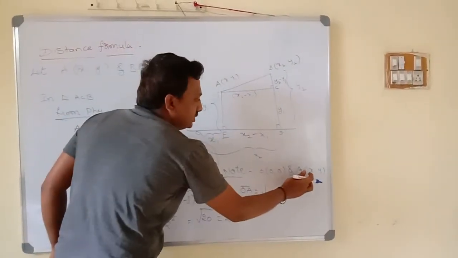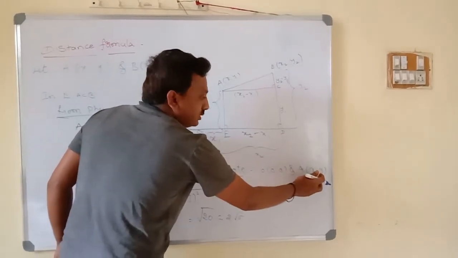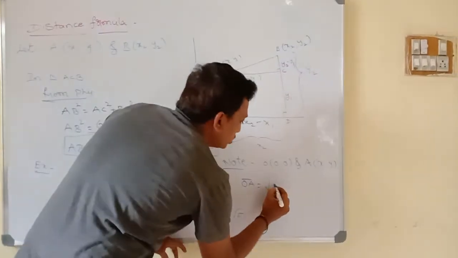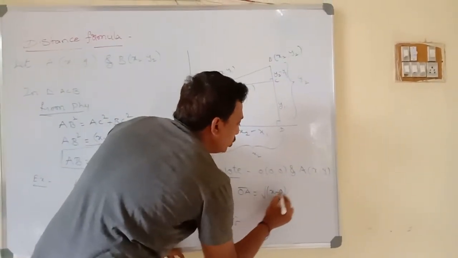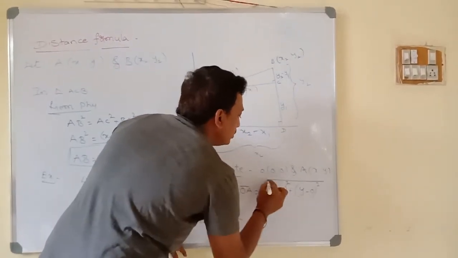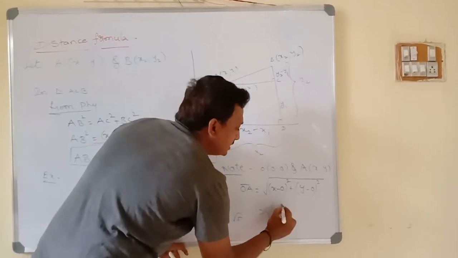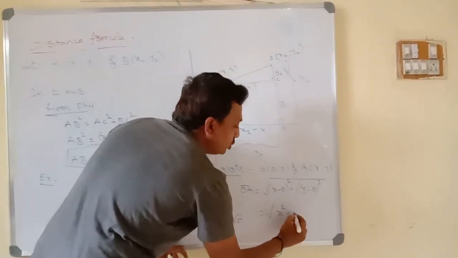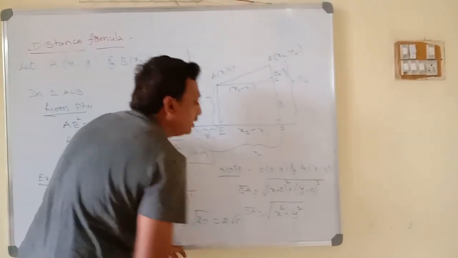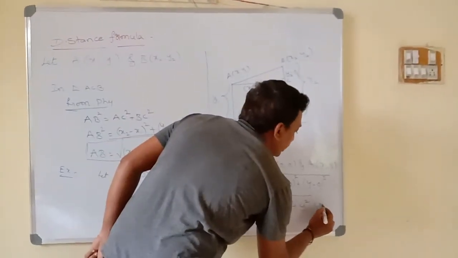So X is the X2, 0 is the X1, Y is the Y2, 0 is the Y1. So X minus 0 whole square plus Y minus 0 whole square, that equals square root of X square plus Y square, since X minus 0 is X and Y minus 0 is Y. So the origin to any point is square root of X square plus Y square units.